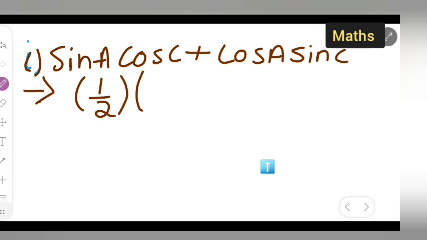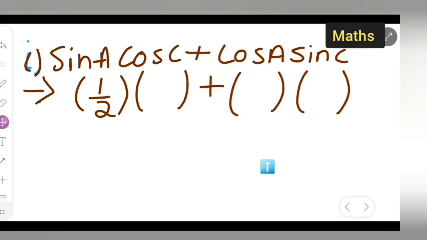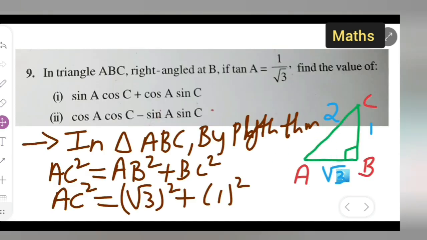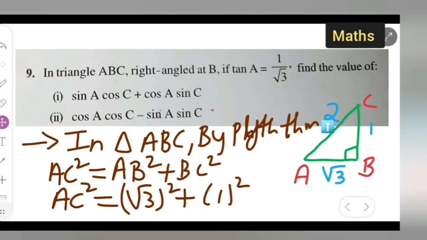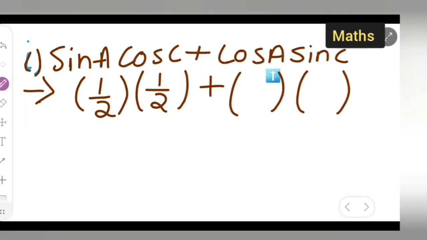In the bracket, again I have to write something here also. So cos C means what? It is adjacent of C. So adjacent of C is nothing but CB. So it will be 1 upon 2 hypotenuse, right? So you can write down 1 upon 2. Then plus cos A. Cos A means adjacent of A, root 3 upon hypotenuse 2. So this is nothing but root 3 upon 2.